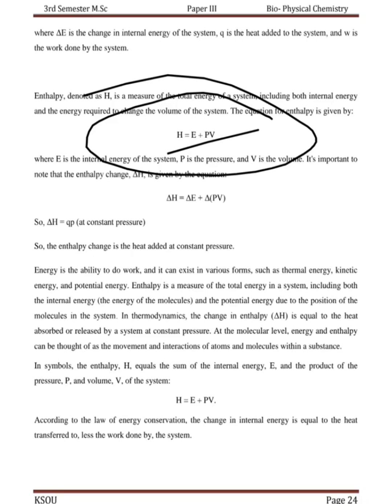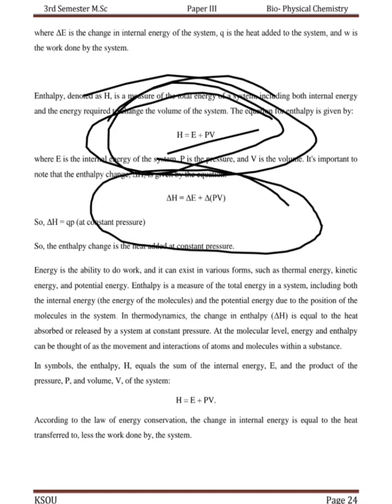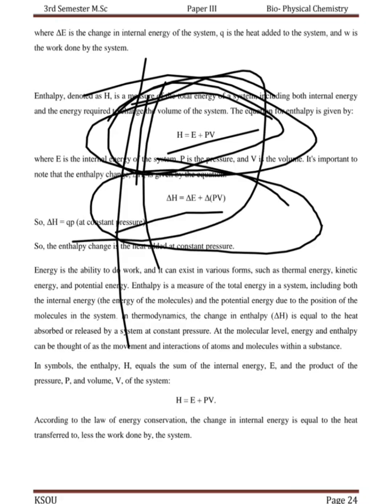So what is the difference between H is equal to E plus PV and delta H is equal to delta E plus delta PV? Why can the same formula be denoted in two forms?